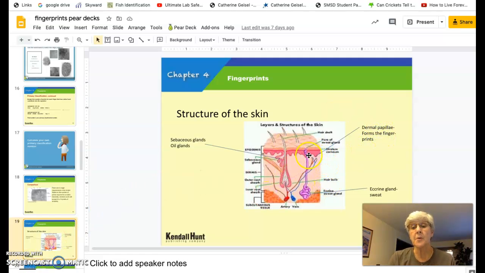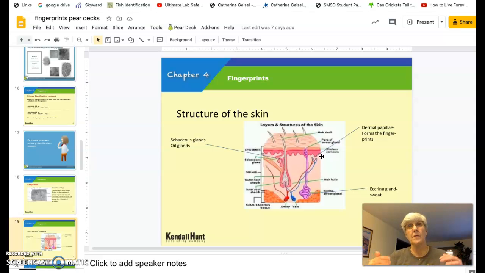So we talked before about the structure of the skin and where the fingerprints come from. The dermal papillae, which is the layer that is the bridge between the dermis and the epidermis, is what forms the fingerprints. But in order to actually get a print left someplace, you have to have the glands give off secretions that leave the marking on the surface. Most fingerprints are not going to be like the inked ones we did. They're usually partial prints that they use powder to lift.